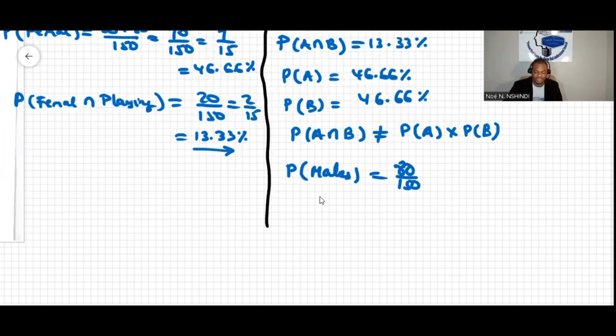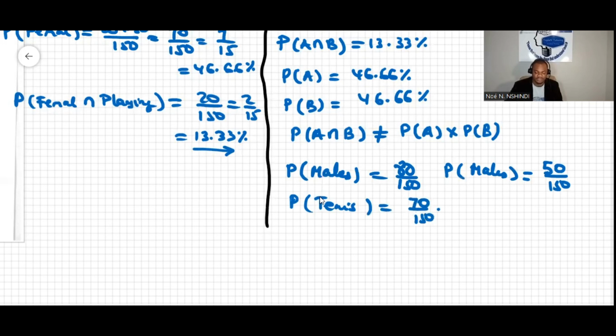The probability of males who play tennis is 50 over 150. The probability of all the tennis players is 70 over 150. You can still see that 50 over 150 is not the same as 80 over 150 times 70 over 150. So not the same. Thank you.